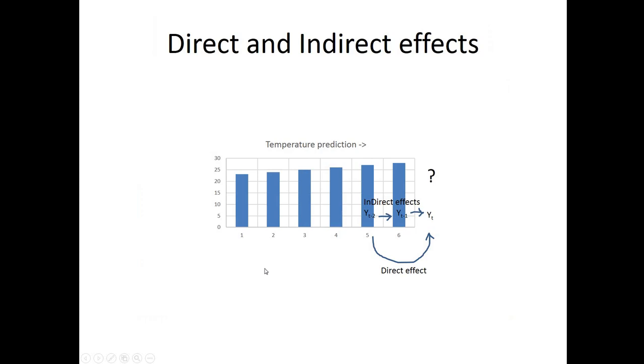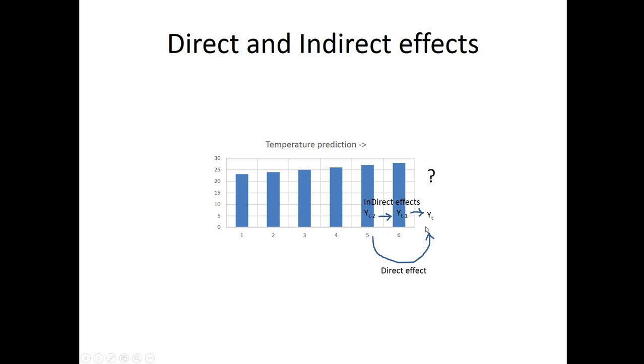Now, you have to understand the meaning of direct and indirect effects. For example, let's say you are doing a temperature prediction problem, and you would like to predict the next temperature. To predict the next temperature, you have to consider the previous values. How many previous values? Let's consider two previous values, which are expressed by yt minus 1 and yt minus 2.